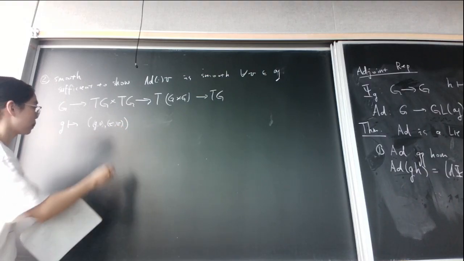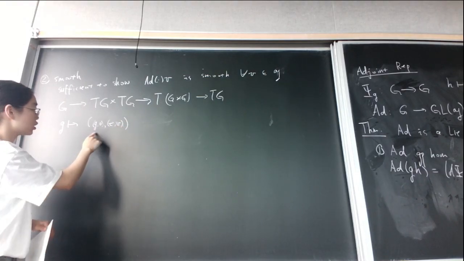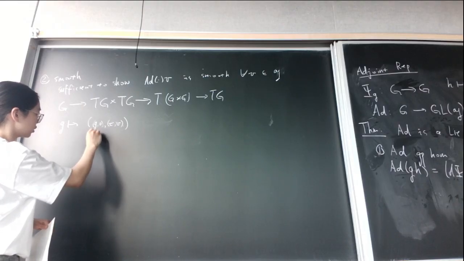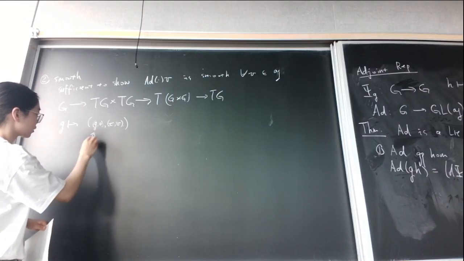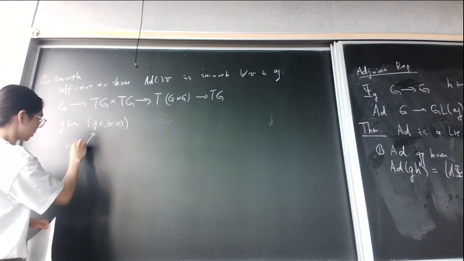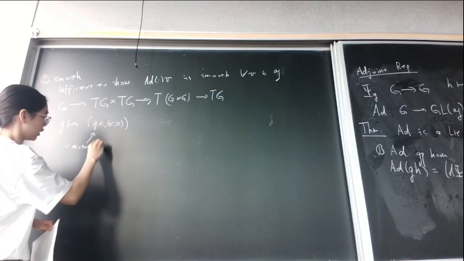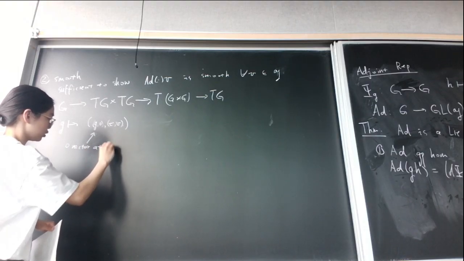And this notation means the 0 vector at point G.